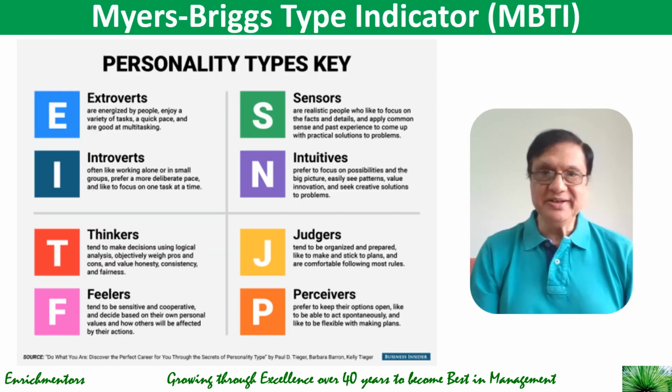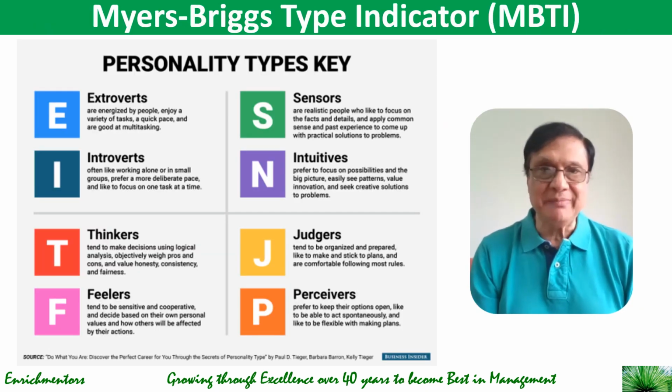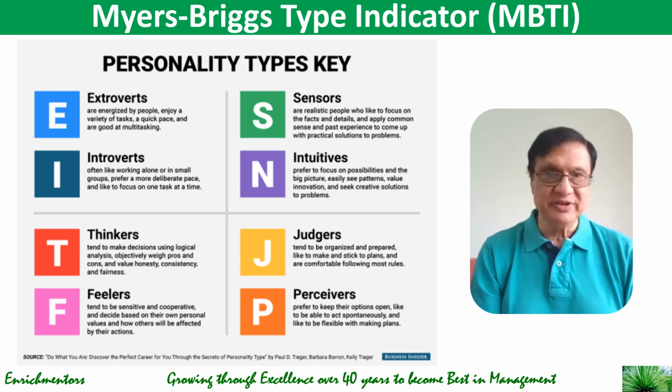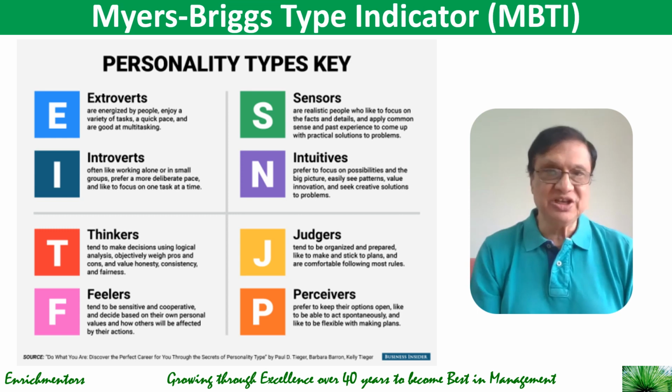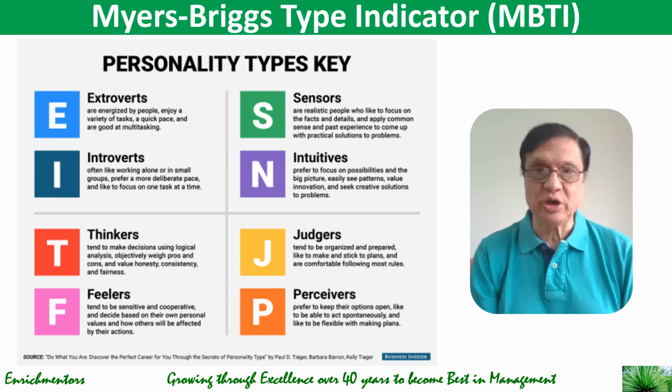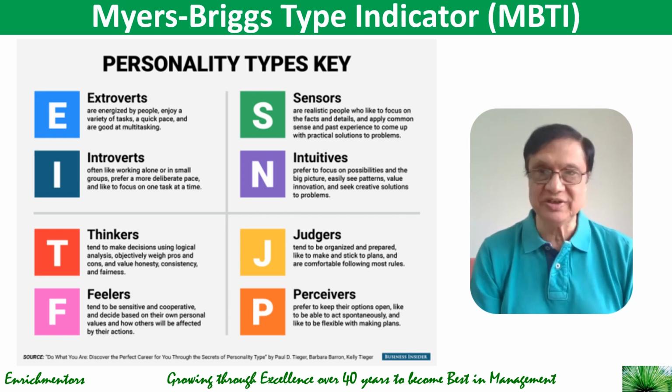The first one is the MBTI, Myers-Briggs Type Indicator. It's a very widely used personality test. It's basically you understand personality preferences based on four dichotomies: introversion, extroversion, sensing, intuition, thinking, feeling, and judging, perceiving.